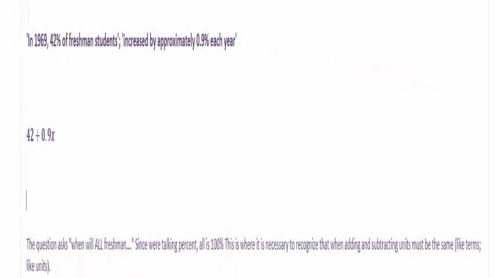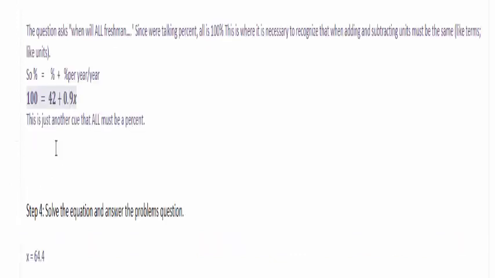So the question, though, wants to know, when will all freshmen, which means 100% of freshmen, feel that being well off financially was essential or very important? So this is going to tell us when we reach 100%. So my equation is going to be 100 equals 42 plus 0.9x.